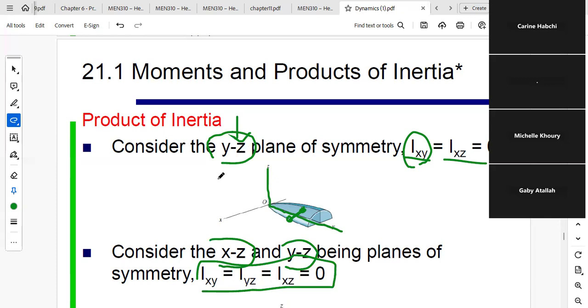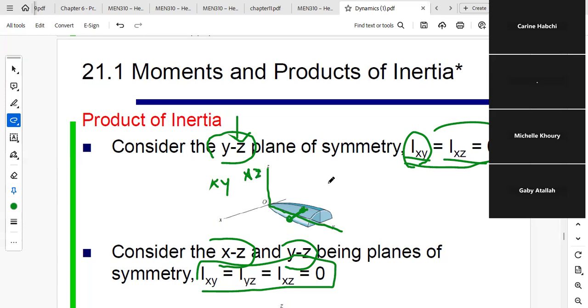So whenever you consider x with any of the axes, Ixy or Ixz, each element in positive x will have another one symmetrical in negative x. That's why these two products will be 0.